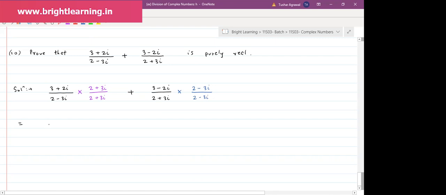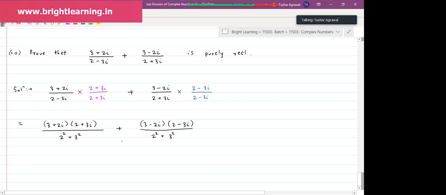So here 3 plus 2i times 2 plus 3i upon 2 square plus 3 square, plus 3 minus 2i times 2 minus 3i upon 2 square plus 3 square.